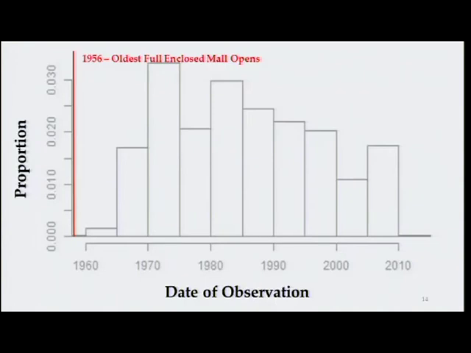Another thing that happened is all the changes in land use that we've seen and the way that people interact with land use. In 1956, we have the first fully enclosed mall in the U.S. opens. By the 1990s, we were seeing about 140 malls open every year in the U.S. In 1987, Starbucks, which had been founded in the 70s, was sold to Schultz. Schultz is the person who really turned that into the franchise that you see today.